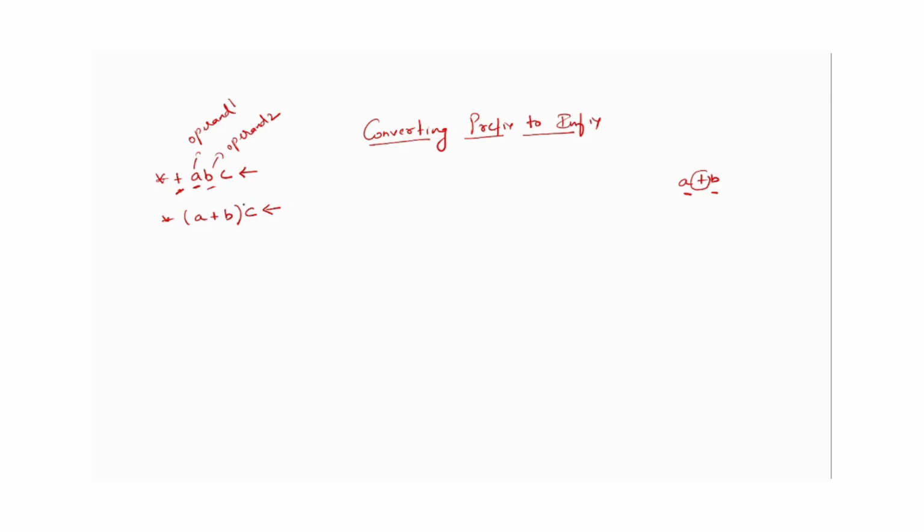Again we scan from right to left till we encounter an operator. Once we encounter an operator, we stop there. The first sub expression would be operand 1. So plus has already been resolved. Therefore this whole thing would be operand 1, and this c would be operand 2, and we place star between a plus b and c.